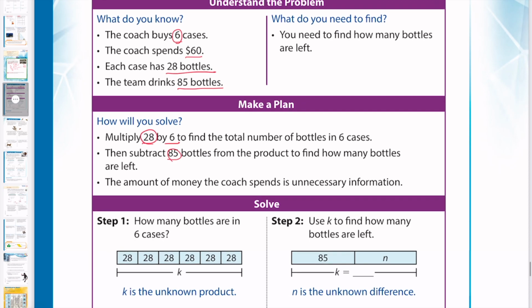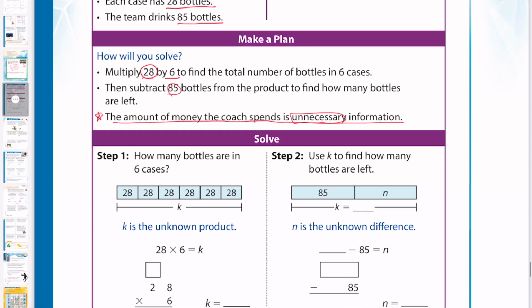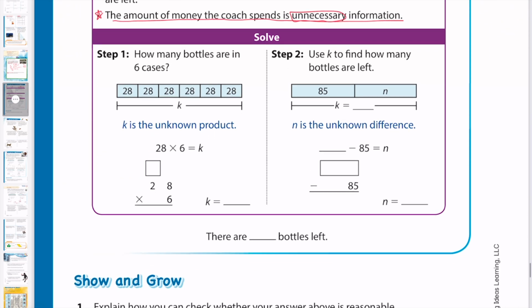The amount of money the coach spent is unnecessary information. You don't need it. But why did they put it? Oh, to make you confused, right? That's why you need to find out what we need to find and what numbers we are going to work on.